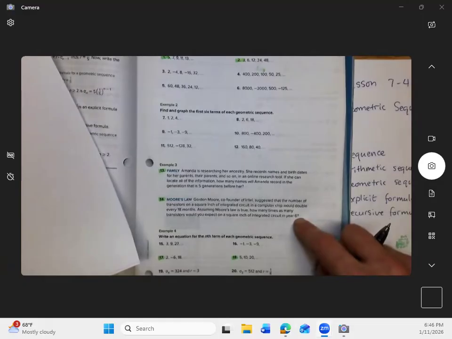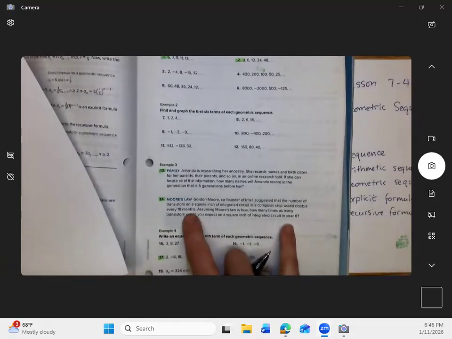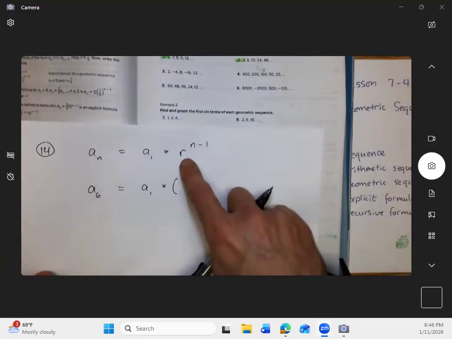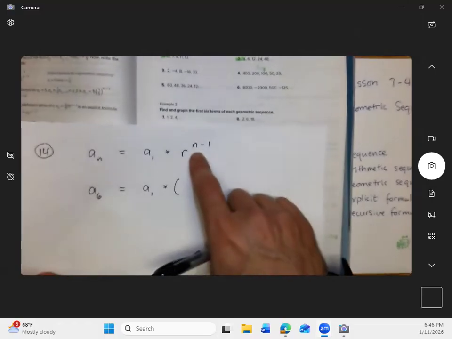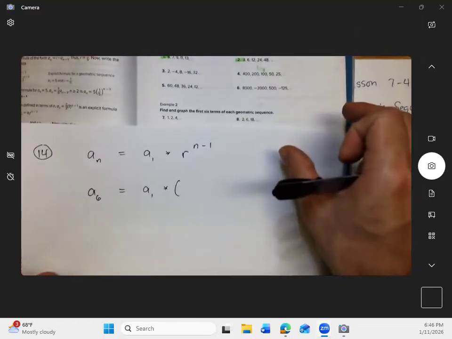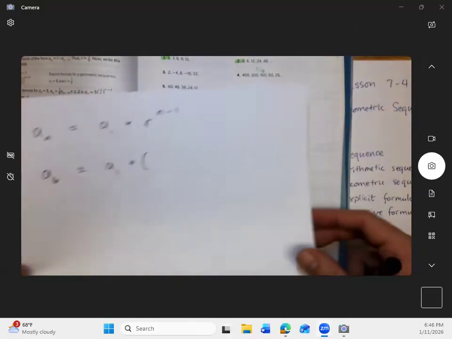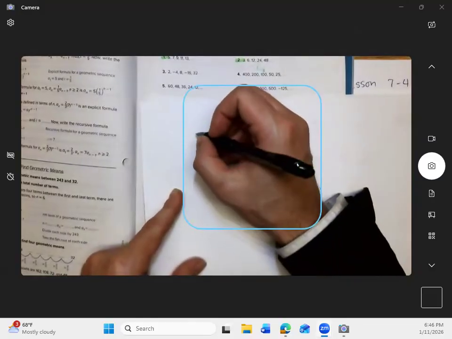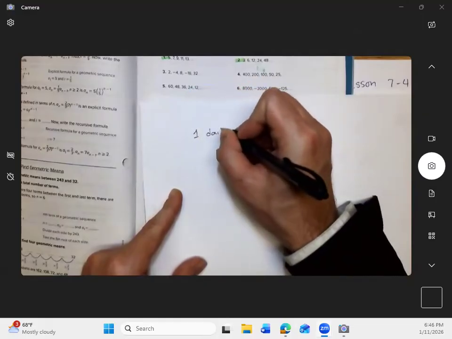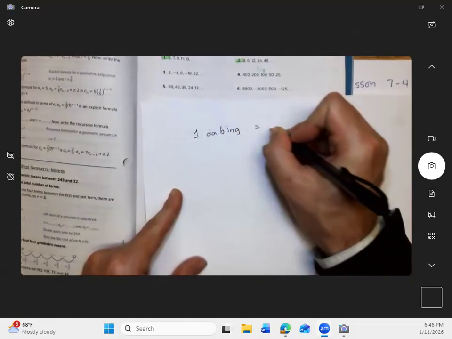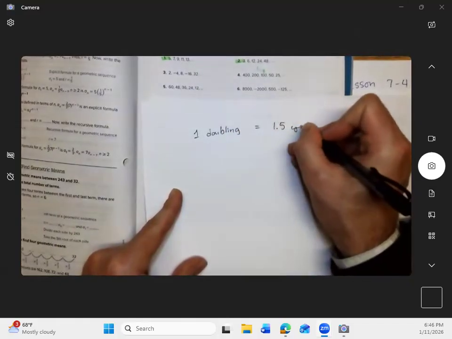There are two ways we could approach this. We could figure out what the common ratio is year by year, or we could have this n represent sections of 18 months, and year six would come out to some different section. Let's do it that way, which I think is a little easier. So one doubling is every 1.5 years.